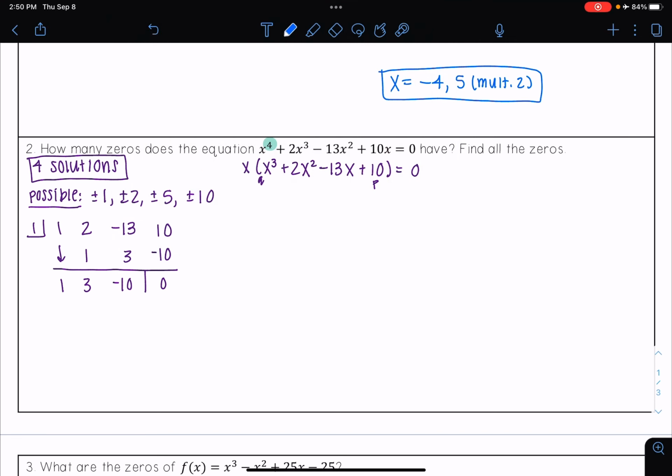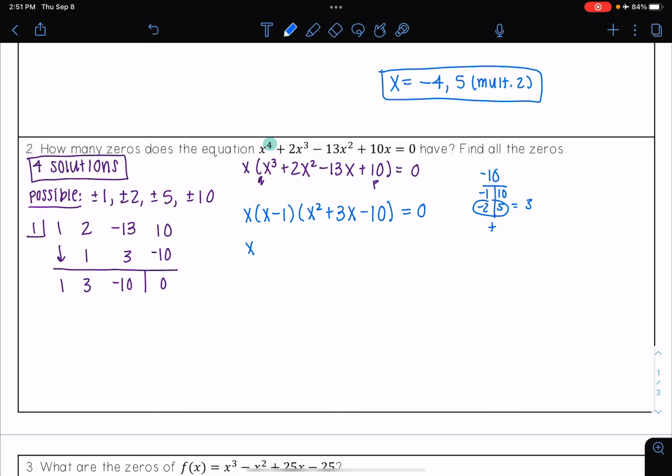So now I have this x still out in front. 1 is a root, so I have the linear factor x minus 1. And then the 1, 3, and negative 10 is going to be x squared plus 3x minus 10. First I want to see if I can factor that. I'm looking for two numbers that multiply to negative 10 but add to equal 3. That's going to be negative 2 and 5.